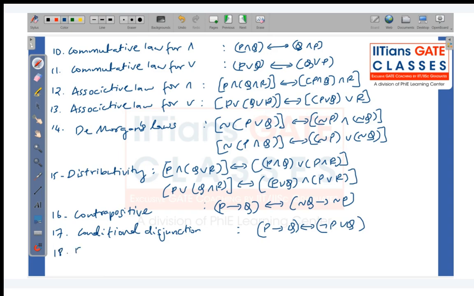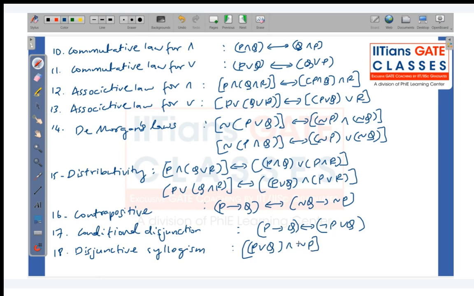Next one, disjunctive syllogism. What does this say? P or Q, and I know that P is false. Between P and Q, one of these has to be true, and I know that P is false.